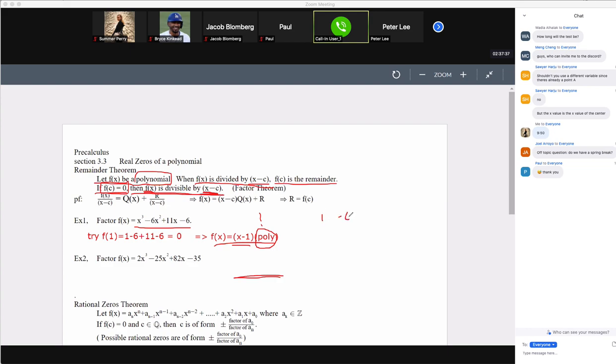1, minus 6, 11, minus 6. And then what do you do? Divide by x minus 1, so you put 1. So 1, then minus 5, then 6, and then 0.